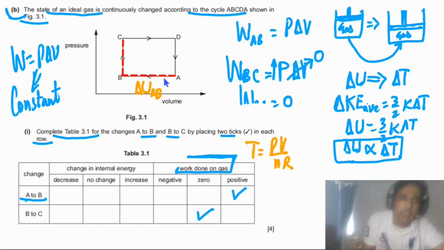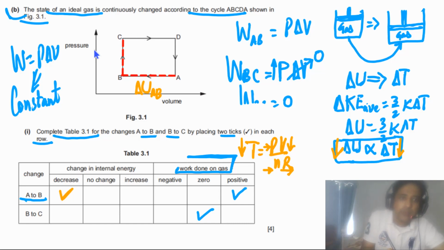If you look at this process A and B, volume is decreasing, but pressure is constant. N is constant, this is number of moles, and R is molar gas constant, this is also constant. So it simply means that temperature is decreasing. So if temperature is decreasing, it means delta U is also decreasing. So simply we will tick here.